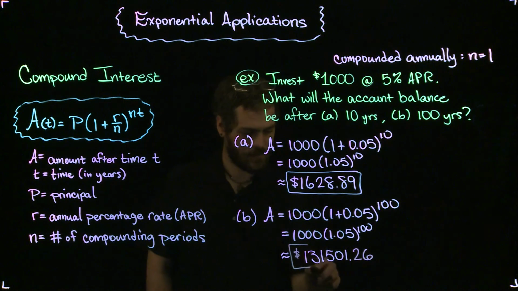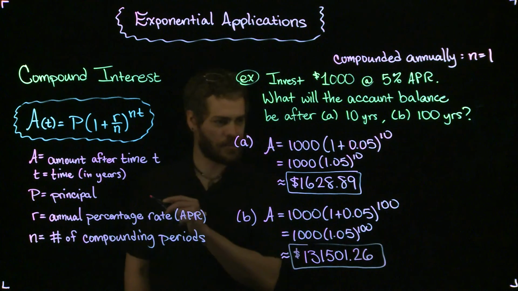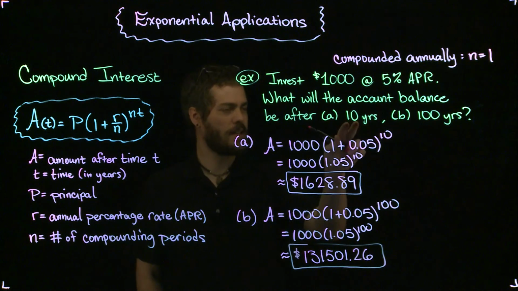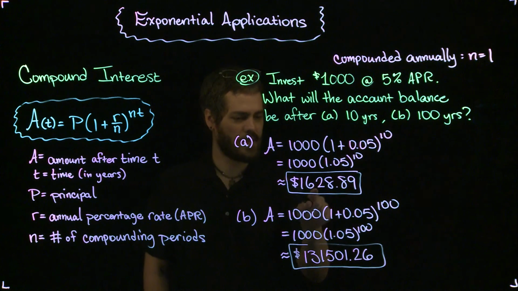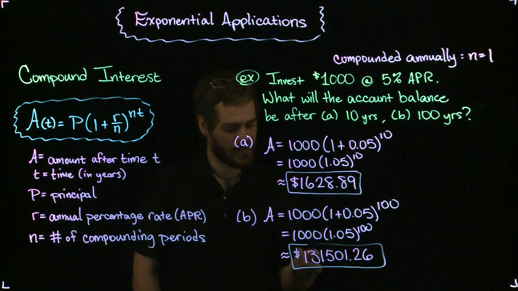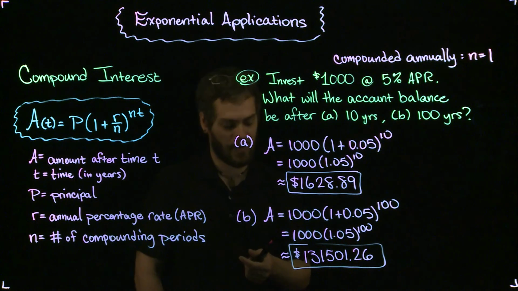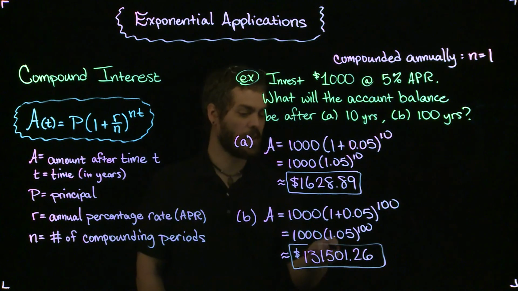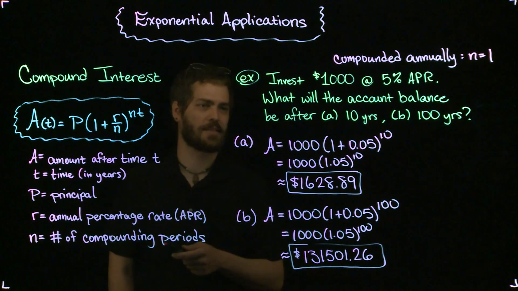Interesting. 10 years times 10 is 100 years. The amount times 10 is only 16,000, roughly. But notice that actually, when interest is compounded, we're up to 131,000, way more than 16,000.